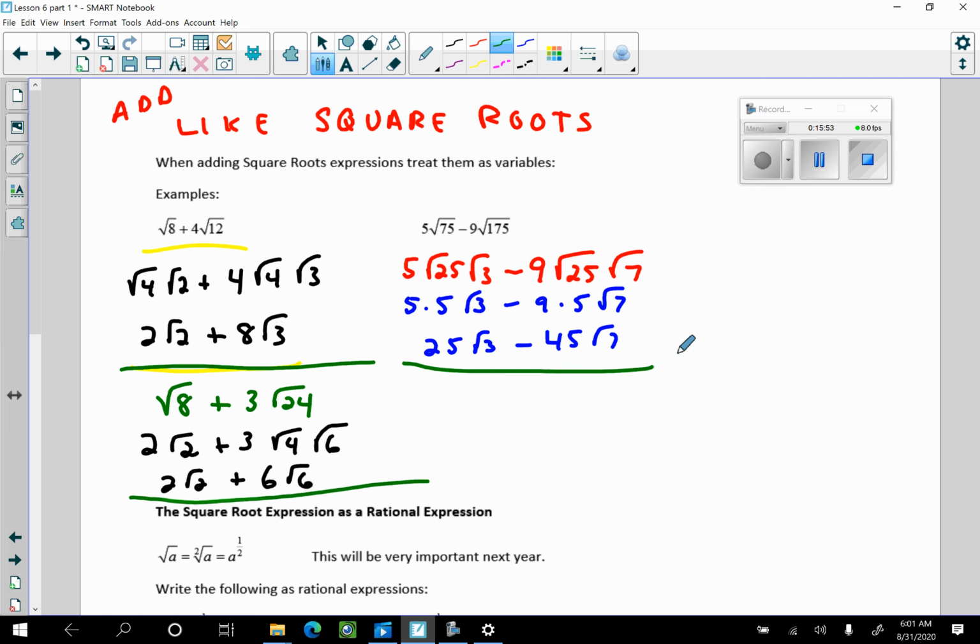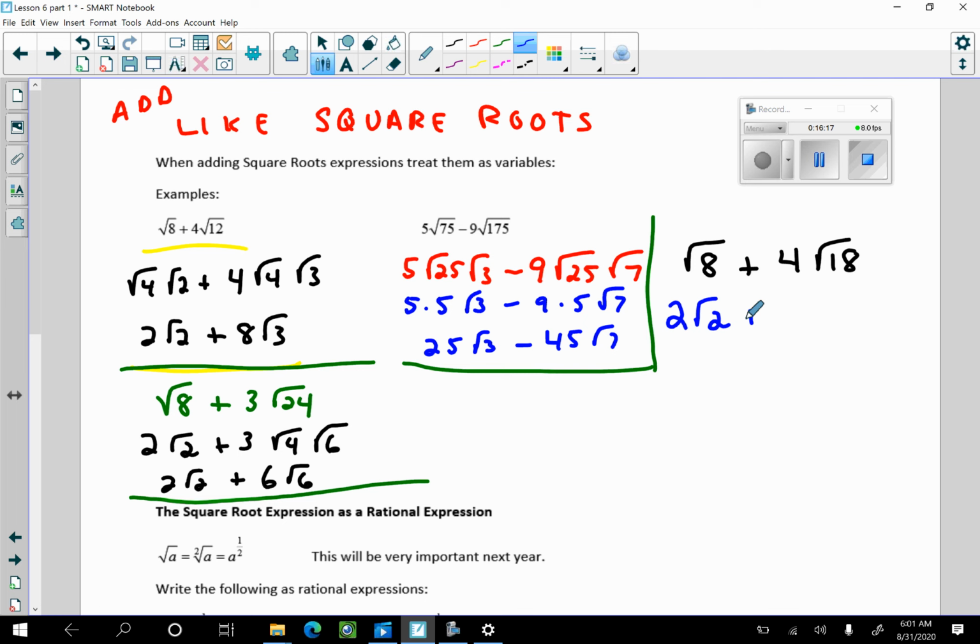I'm going to throw a couple more examples in here. What if I had this dude right here? This is a new example. Square root of 8 plus 4 square root of 18. And I wanted to add those. Well, we know what square root of 8 is. This is 2 square root of 2.